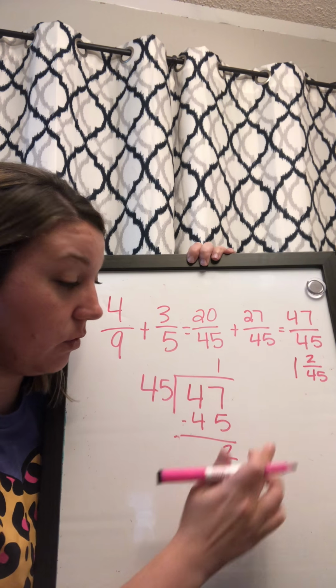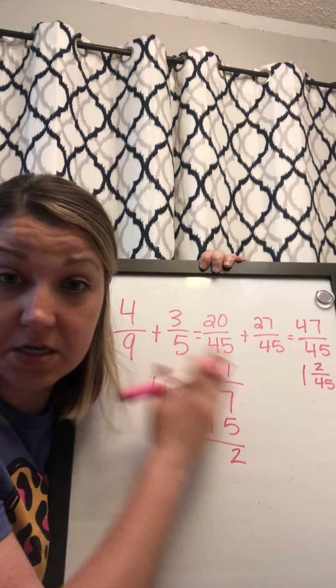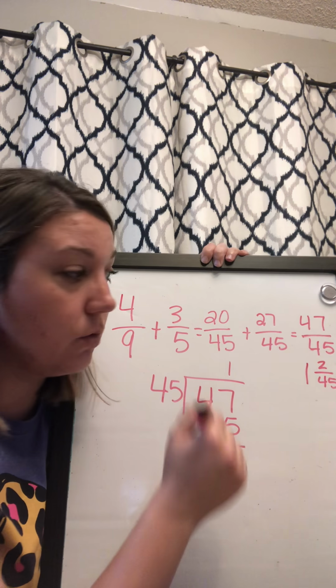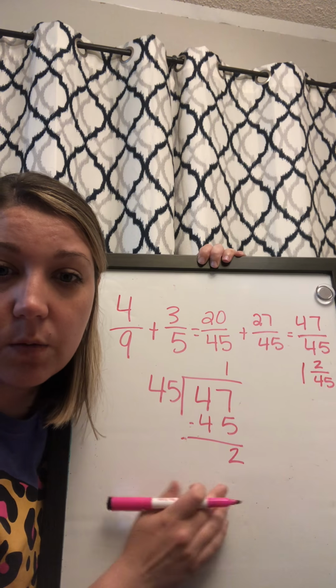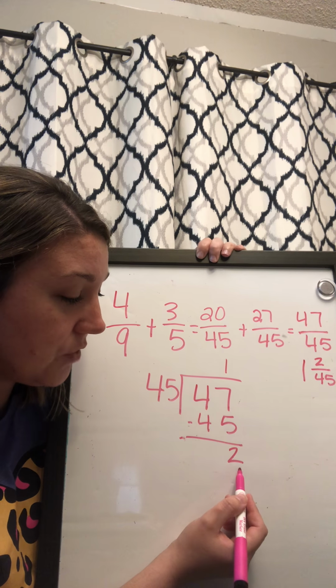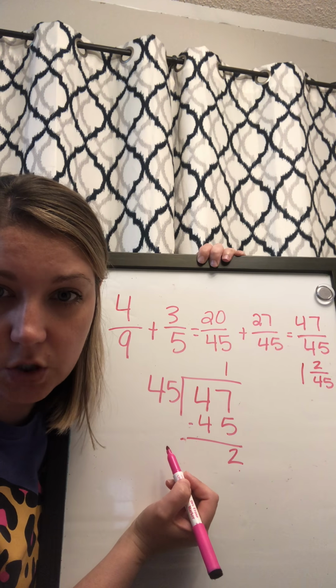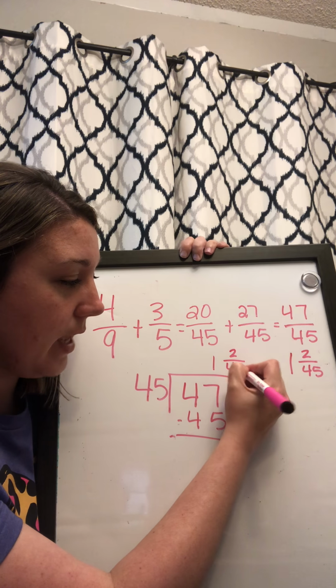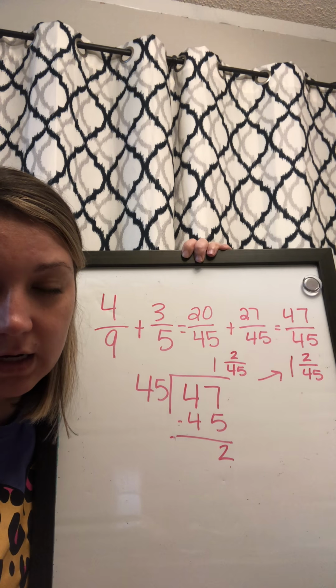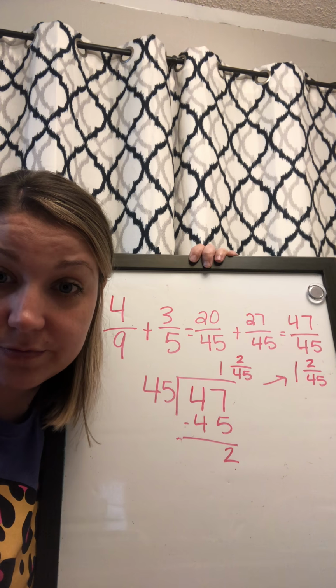We're not turning this into a decimal. We're not saying remainder 2, any of that. So this remainder means we have 2 of the 45 left over. That's what your leftover means. So we're going to represent that. We're going to say we have 2 out of 45. And that's what we said right here, right? So it's 1 and 2 over 45.